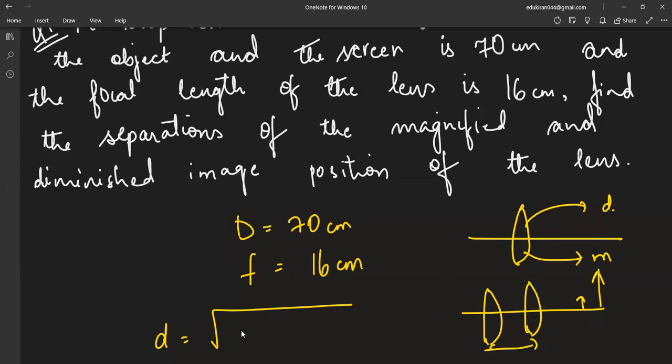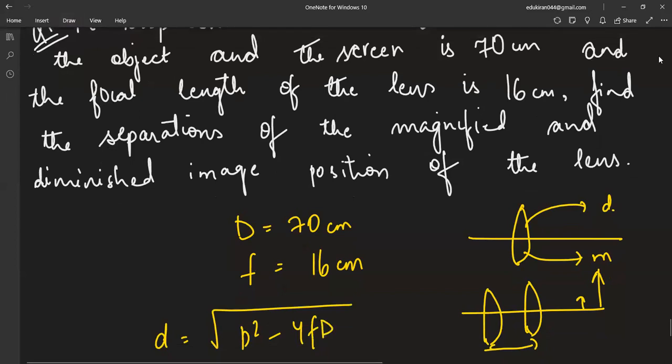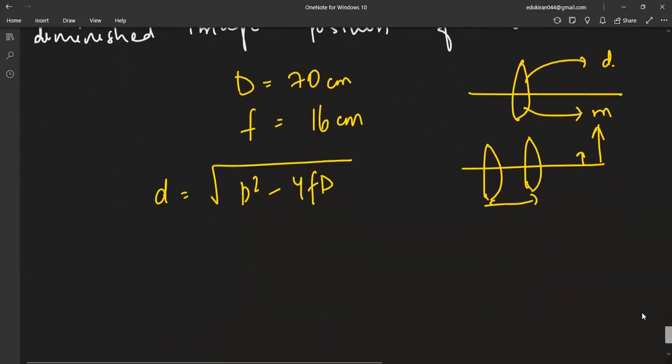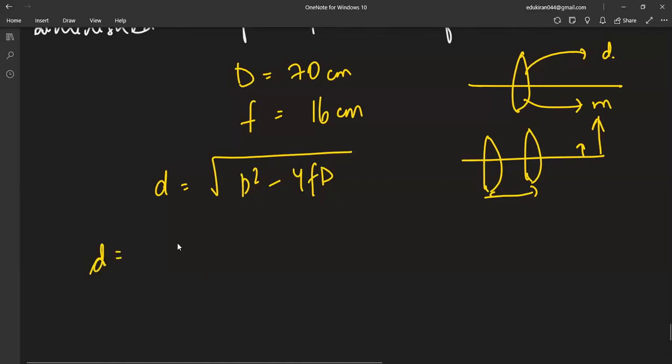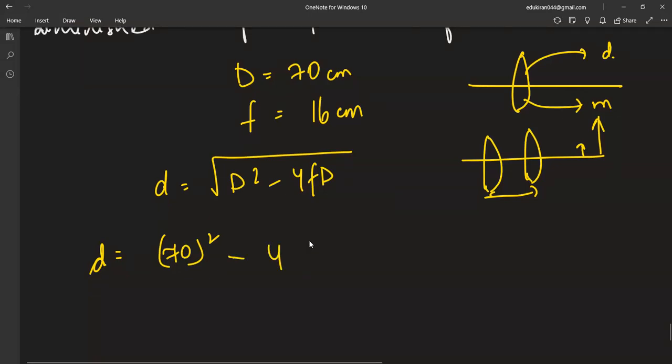So instead of doing this, simply use the formula: small d is under root of D squared minus 4fD. Here D squared is 70 squared, minus 4 times focal length 16 times D, which is 70, under root.